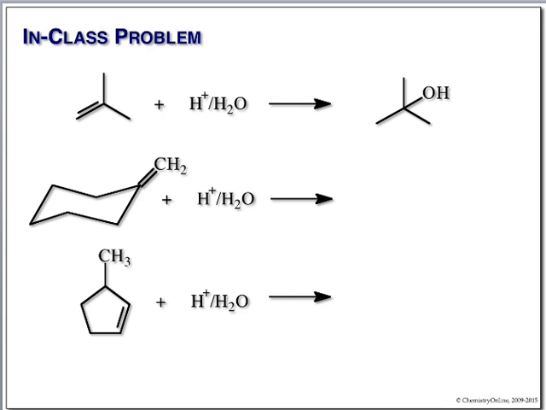Our most stable carbocation. This is a tertiary center, that's a primary. We will make the tertiary carbocation. Once we have the tertiary carbocation, all we do is take the equivalent of OH minus, add it to that carbon, and we get the alcohol.